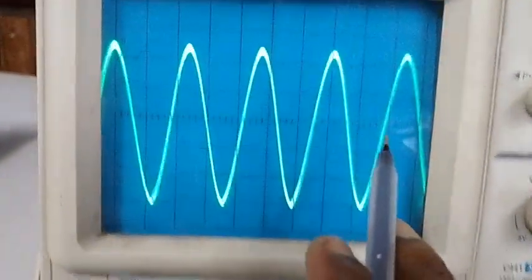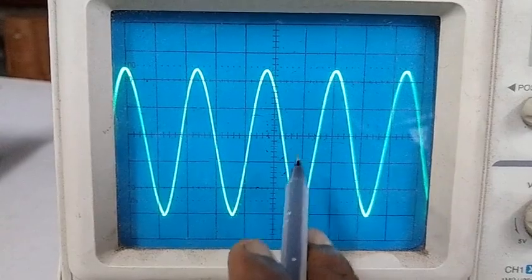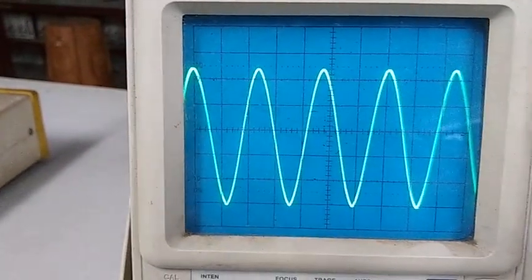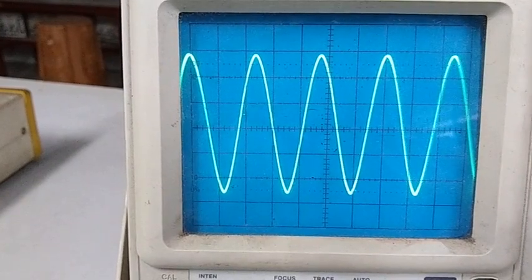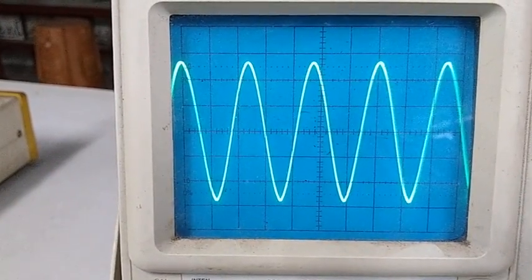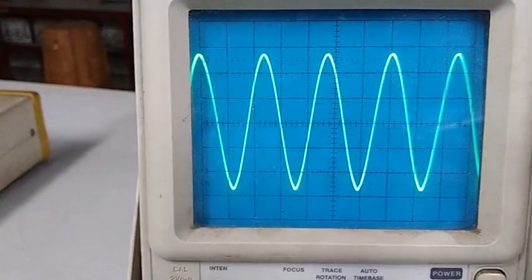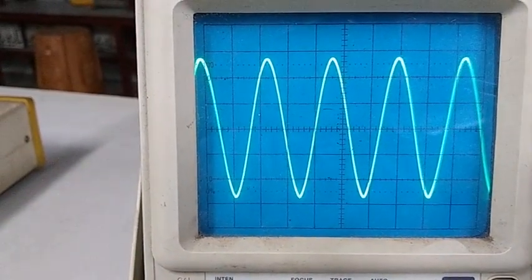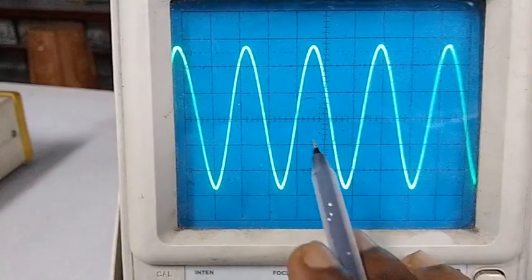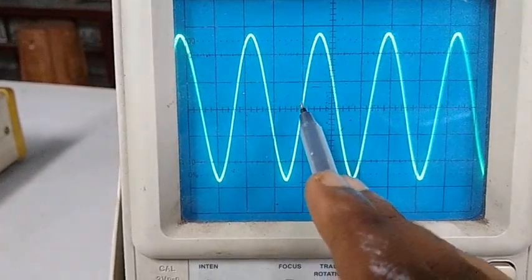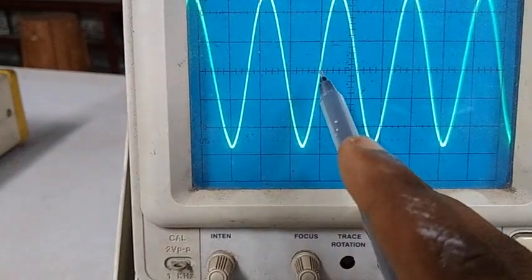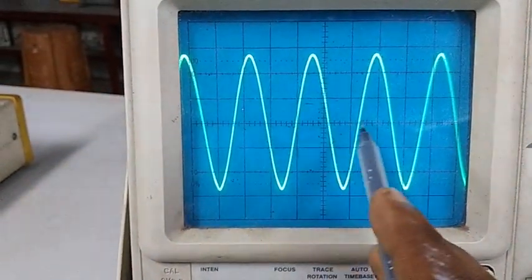Now for the time period we have to take readings horizontally. Suppose one oscillation means I am taking this part only, starting from this point to this point.